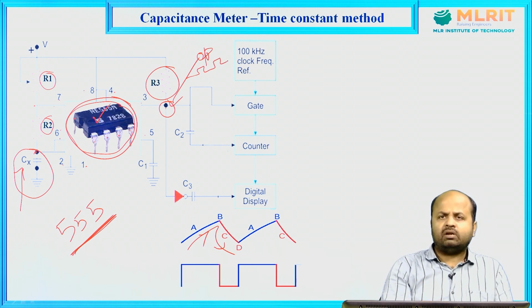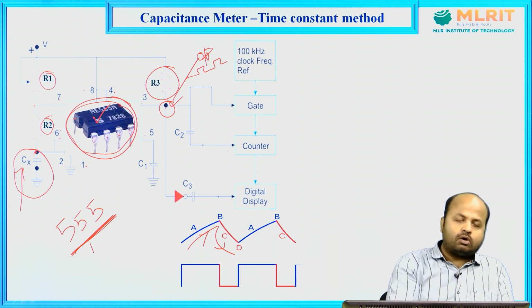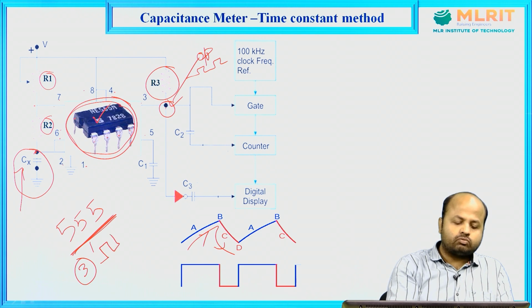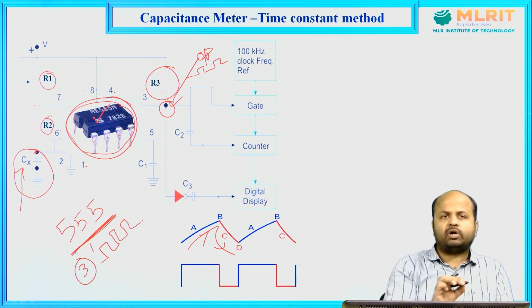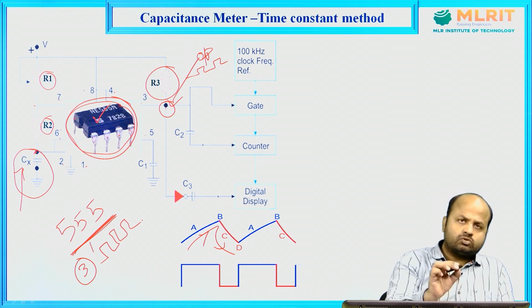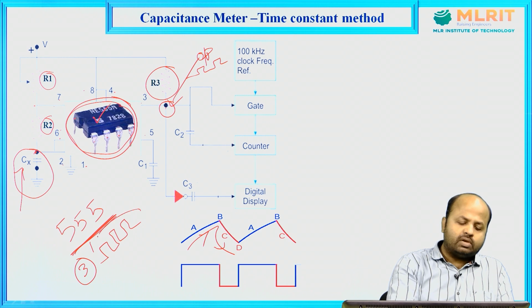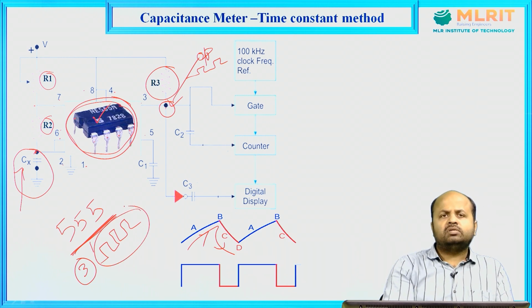Always remember the output pin of 555 timer is 3 number pin, and from 3 number pin we will get one square wave. This is the property of a 555 timer IC.